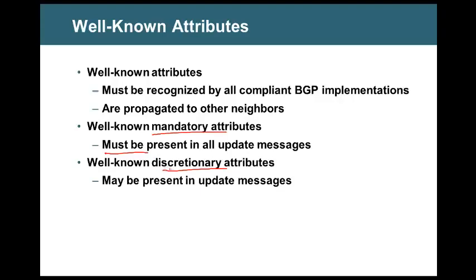Well-known discretionary attribute means it may be there, may not be there. An example for this is the origin code.